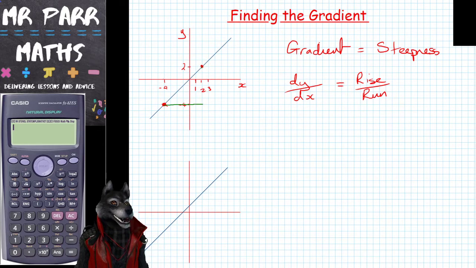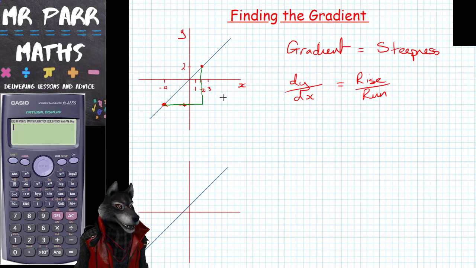Now, the reason we do this is our rise and our run. This is the run, so run along and rise. And we can easily get these values just by counting along. So 1, 2, 3, 4, 5, 6.